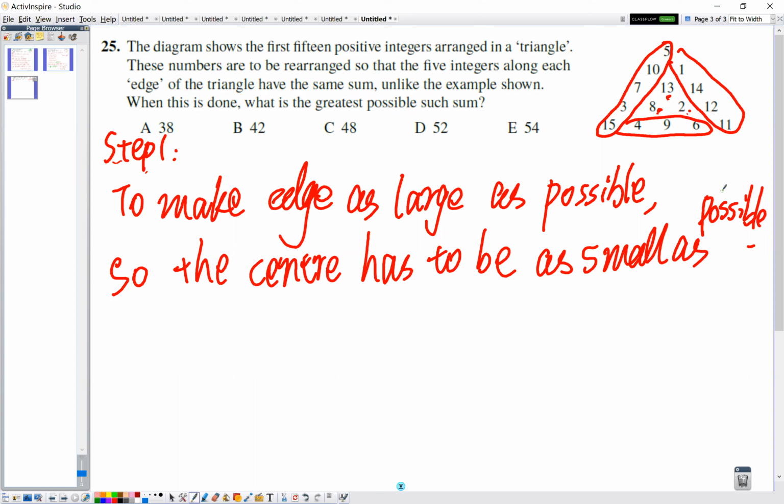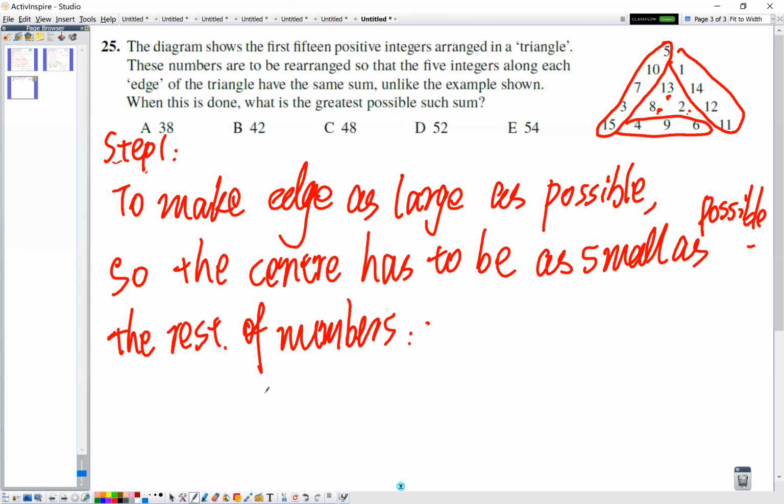So the rest of the numbers altogether is how much? The rest of the numbers are 4 plus 5 plus 6, up to 13 plus 14 plus 15. Okay, add them up. Tell me what the answer is.